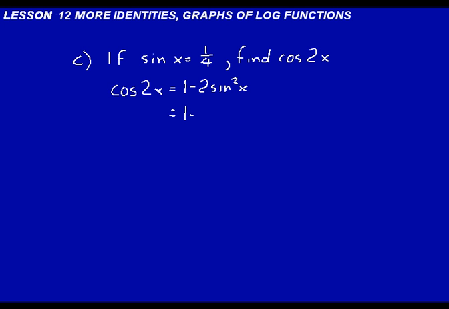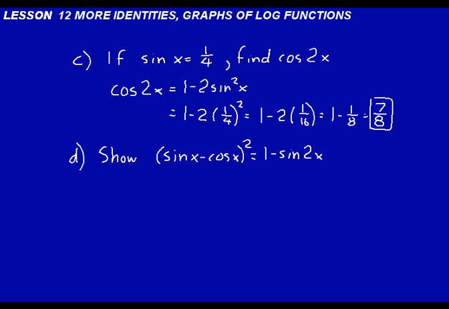We can just say 1 minus 2 times 1/4 squared. So that equals 1 minus 2 times 1/16, which would just be 1 minus 1/8, which is 7/8. So that's what cosine of 2x would equal if sine of x is equal to 1/4. A pretty simple problem if you remember your double angle identities.